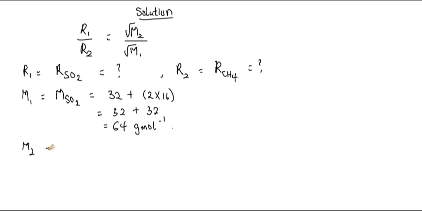So we've gotten M1. For M2, we'll do the same thing. M2 is the molecular mass of methane, since methane is the second gas we are considering. So we have MCH4, that's the chemical formula for methane. We'll sum the atomic masses of each of the elements present.